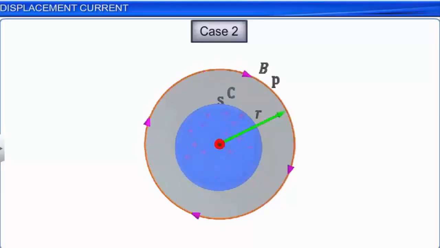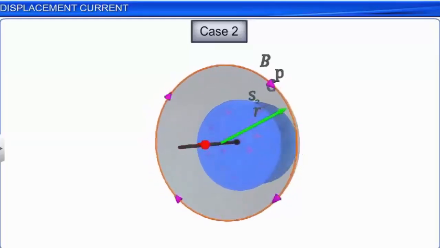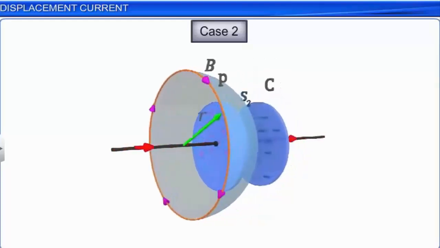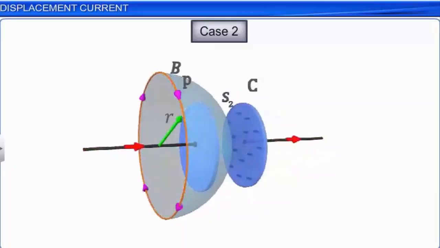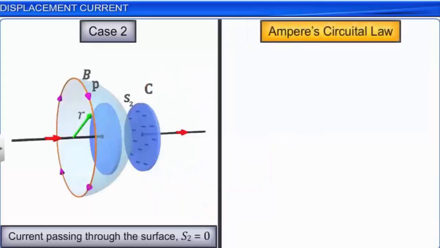The surface S2, which is in the shape of a cup, does not touch the conducting wire and the plates of the capacitor. Thus, the current passing through the surface S2 is equal to 0. From Ampere's circuital law, the integral over the closed loop of B dot dl is equal to mu naught IT.